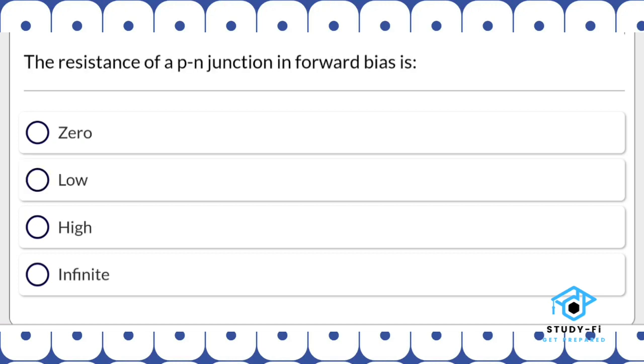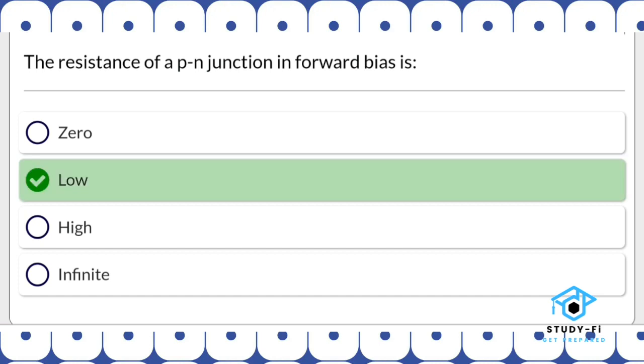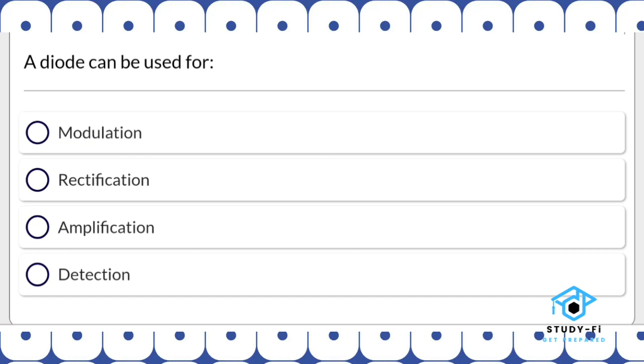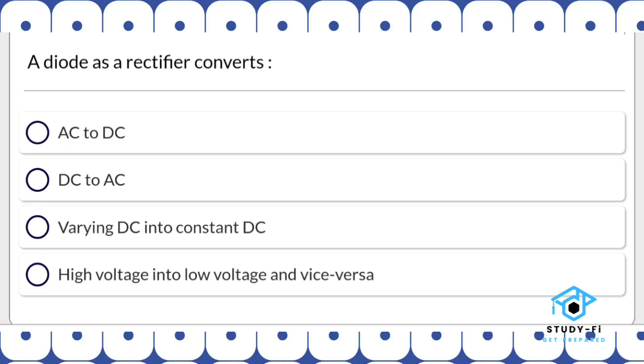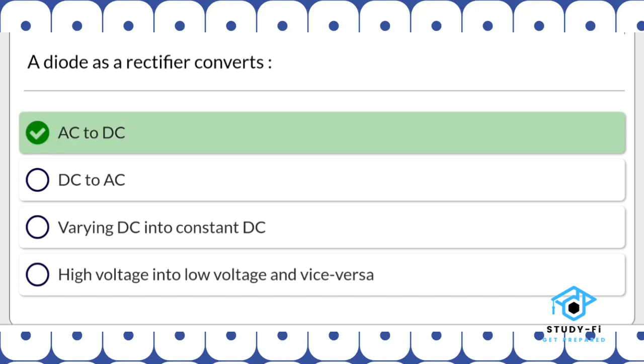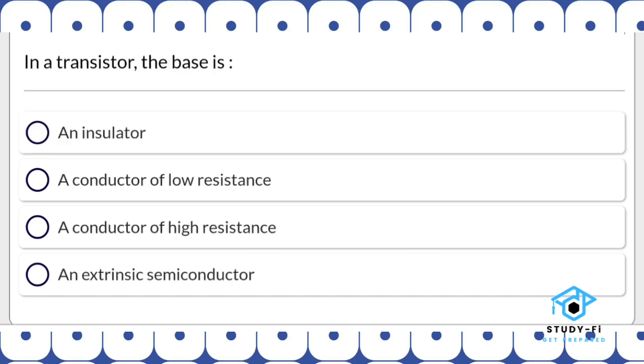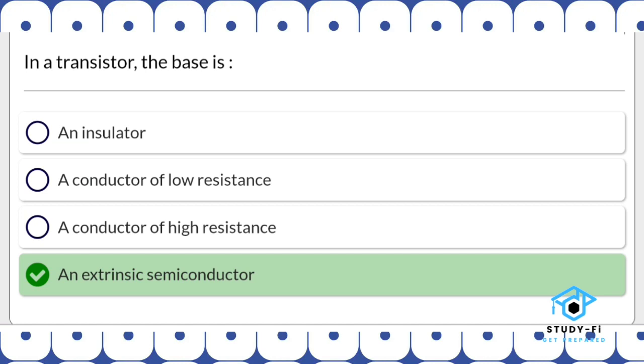germanium. The resistance of p-n junction in forward bias is low. A diode can be used for rectification. A diode as a rectifier converts AC to DC. In a transistor, the base is an extrinsic semiconductor.